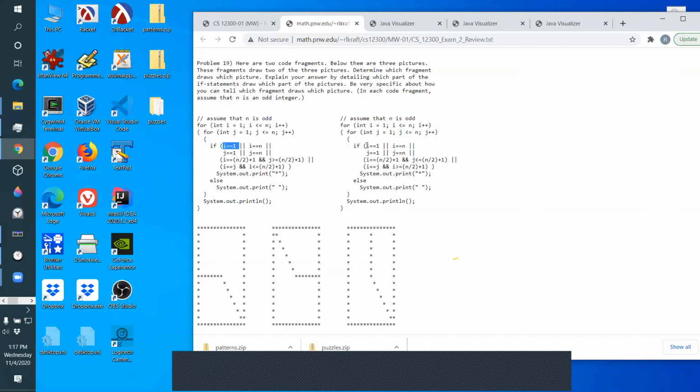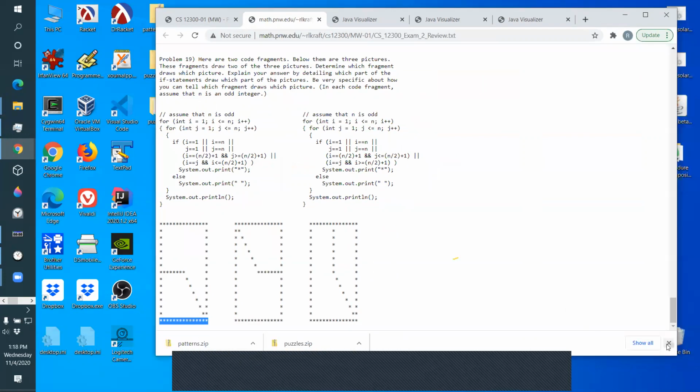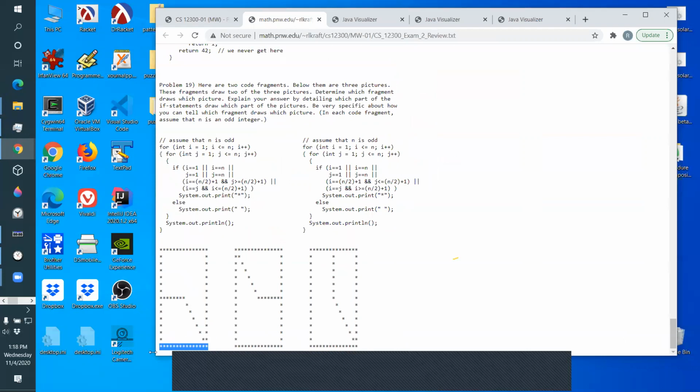Notice it's all in here, so both of them will draw a top row. What row number is the bottom row? N. N is the dimension of this thing, so n says that's the last row. That's this condition: if I is n, you're in the bottom row.